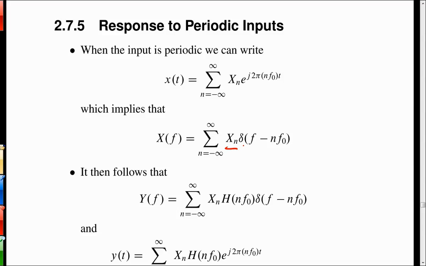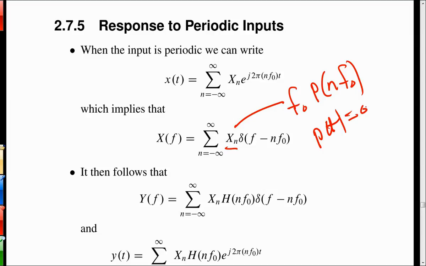Or the other thing that we remember that we did the other day was this is F naught times P of n times F naught, where little p is 1 period. P of t, remember, is 1 period of the periodic waveform. That's how you could get the Fourier coefficient.